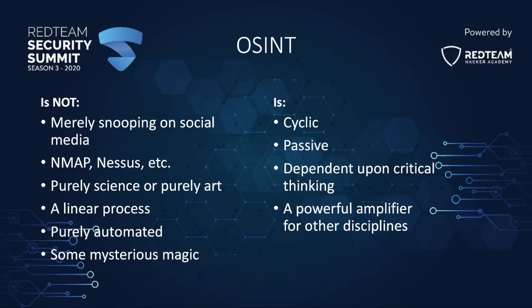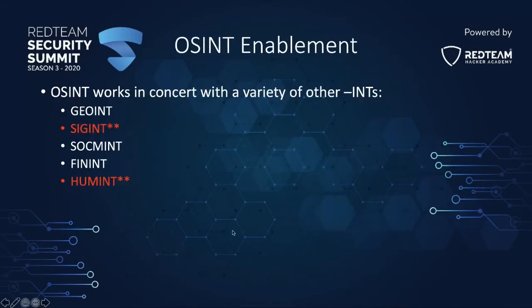But OSINT as a whole is also a very powerful amplifier for other disciplines. Here are probably the 5 forms of other intelligence that OSINT is most impactful with. OSINT, which I didn't mention before, is open source intelligence.